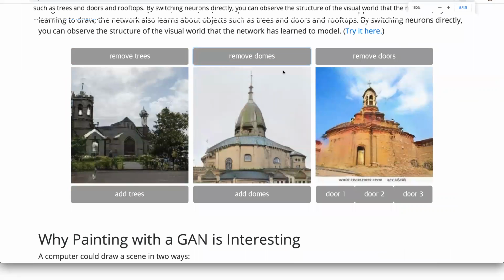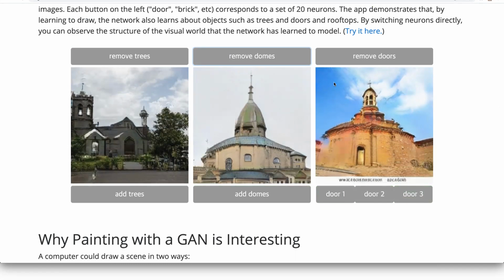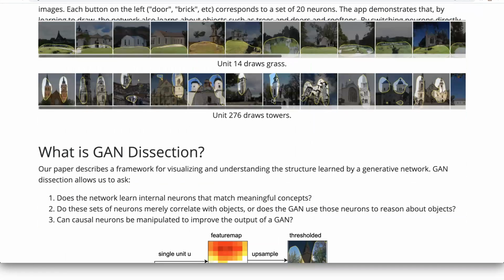This is a dome, but we can remove the dome by adjusting the latent unit in our generator, or make more domes like this one here. And of course, we can remove the doors. Here's the door, but we can remove it or make more doors like this. So we can do many things.